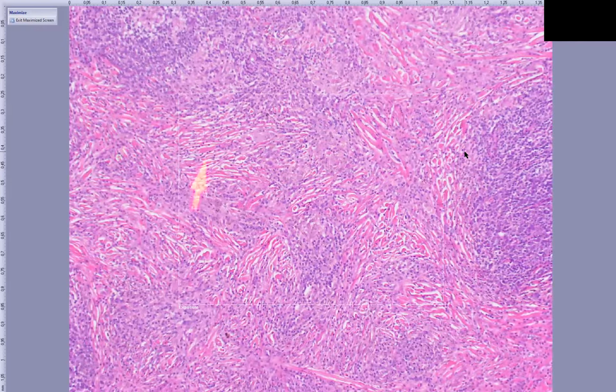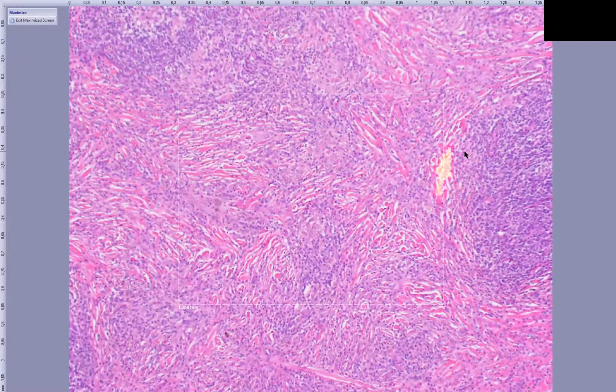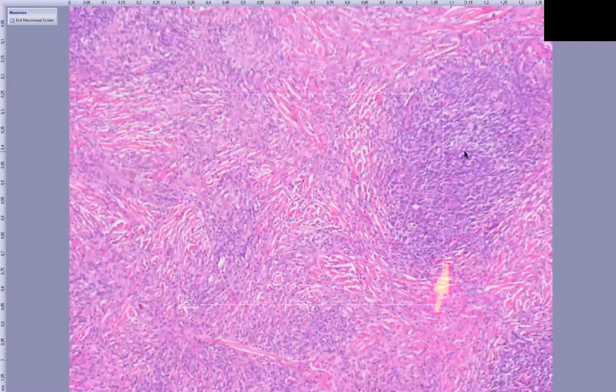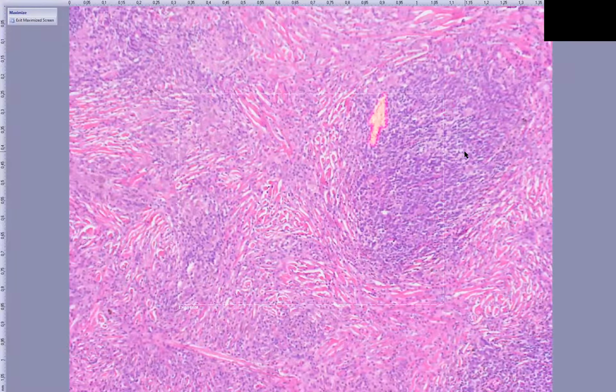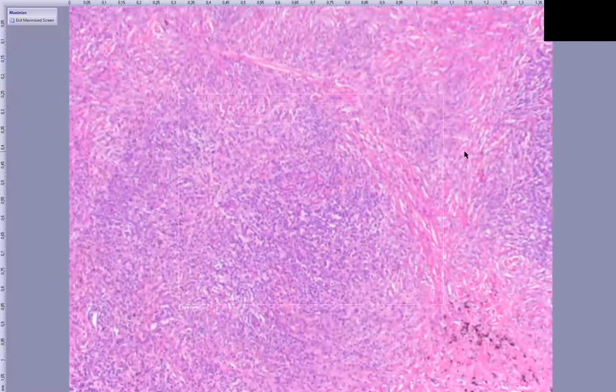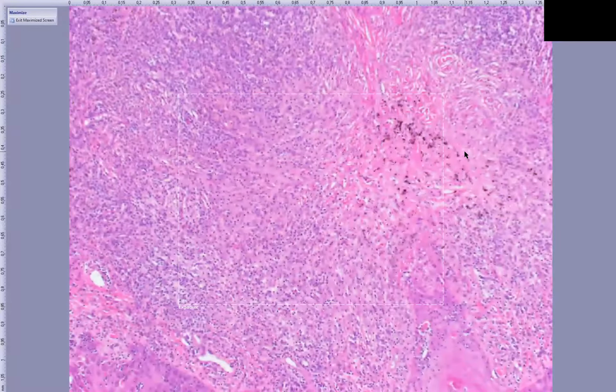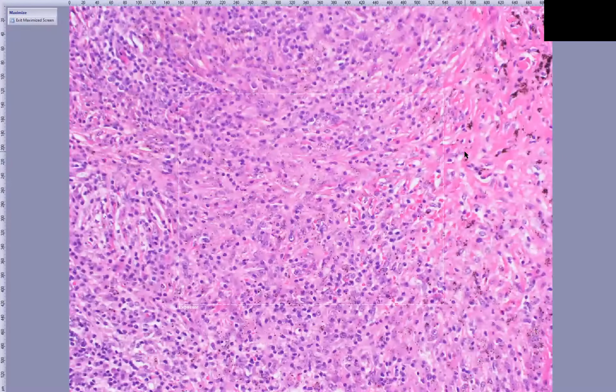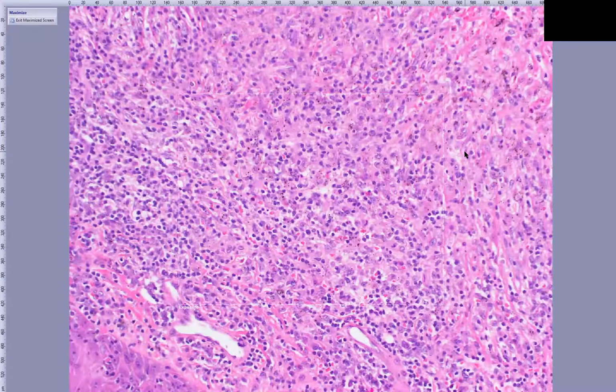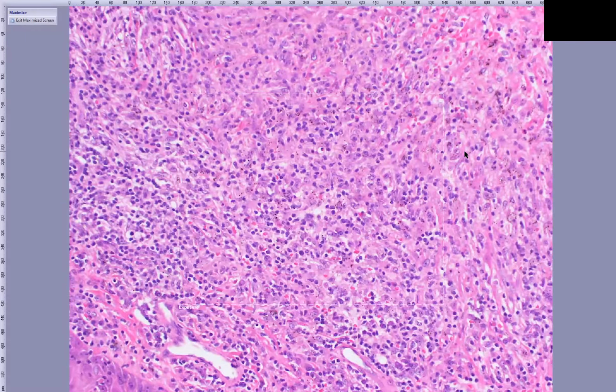You can see the linear arrangement of the collagen bundles and the intervening nodular infiltrate. So there's a little bit of fibrosis, which tells me this is an older lesion. When I look at the cells in high power, I can see they're very mixed, okay? They're admixed lymphocytes, lots of lymphocytes, but there are also histiocytes in here.